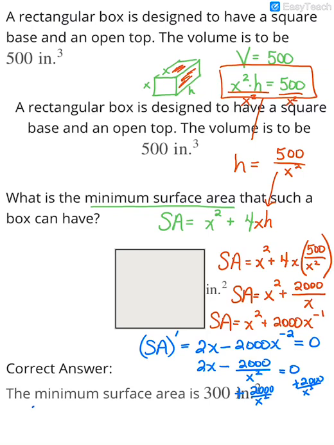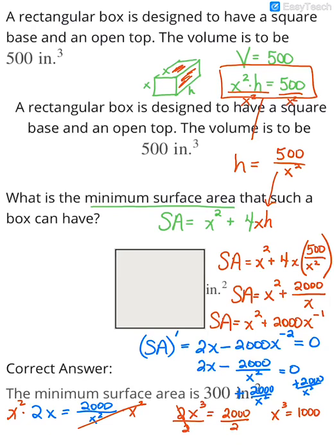So that's going to give me a 2x is equal to 2,000 divided by x squared. Now, in order to try to get the x's on the same side, we'll multiply both sides by x squared. So it cancels it here. So now I have a 2x cubed is equal to 2,000. And if I divide both sides by 2, then I have x cubed is equal to 1,000.